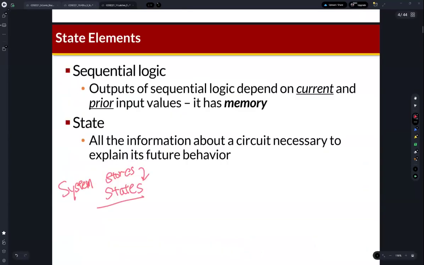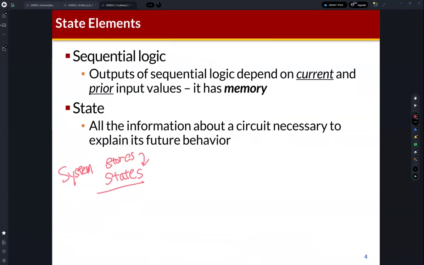It's the same. In order to implement the sequential logic or state logic, we need to store the current state in a system. So it has a memory. It means the binary signals or electric signals need to be stored inside of a circuit.